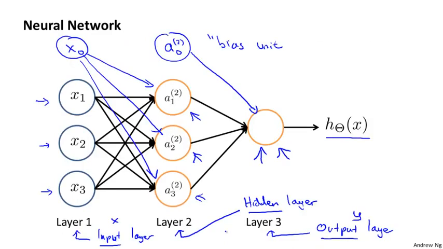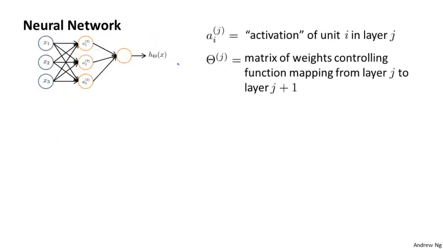I want to be really clear about what this neural network is doing. Let's step through the computational steps represented by this diagram. To explain the specific computations represented by a neural network, here's a little bit more notation. I'm going to use a superscript j, subscript i, to denote the activation of unit i in layer j.